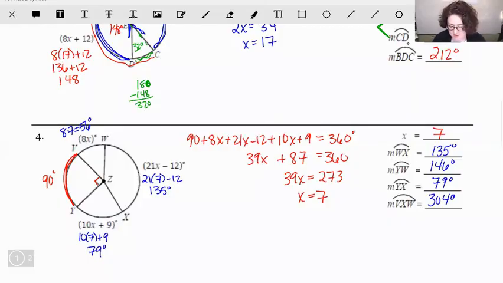Alrighty, so you may notice, I found x equals 7, and then I plugged that back into each expression. So I found that arc VW was 56 degrees, arc WX was 135 degrees, arc YX was 79 degrees.